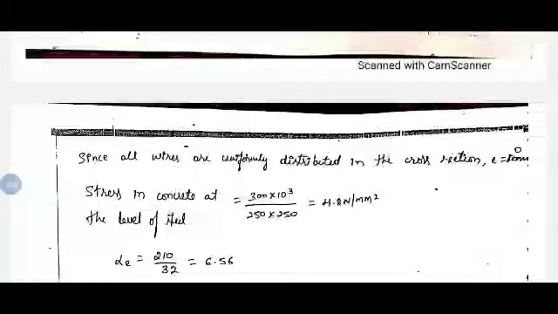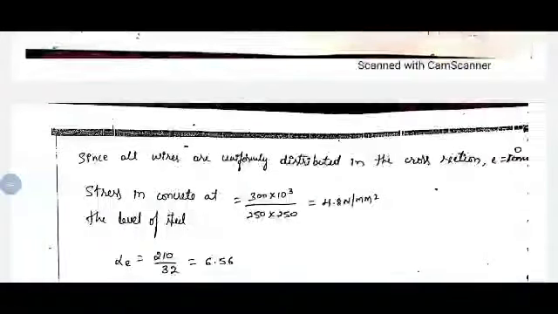Since all wires are uniformly distributed in the cross section, eccentricity will be 0. See, if you take the square, you have 60 wires. So 60, you need to distribute on all 4 sides, since it is uniformly distributed in the cross section.